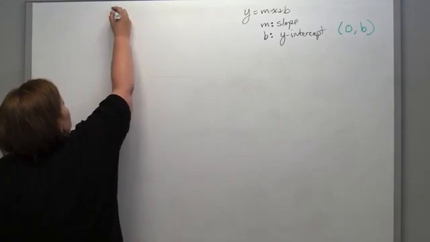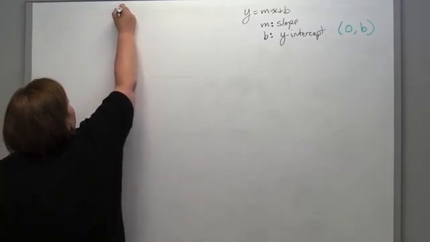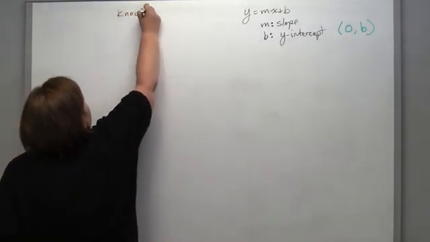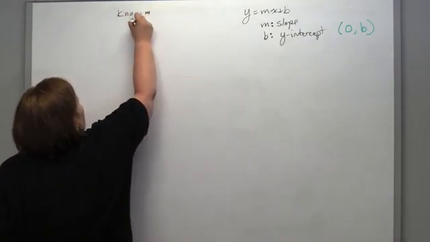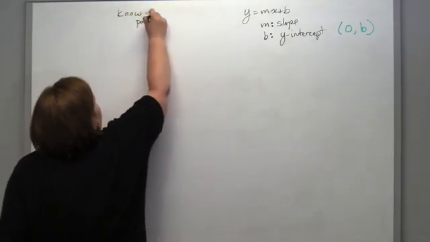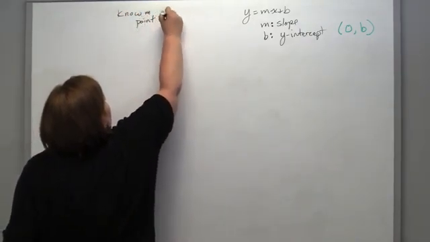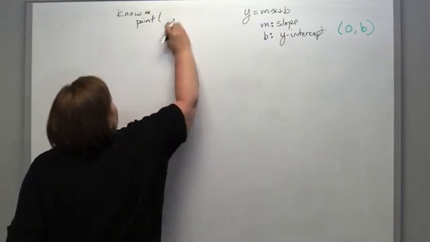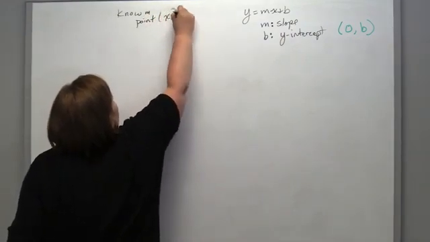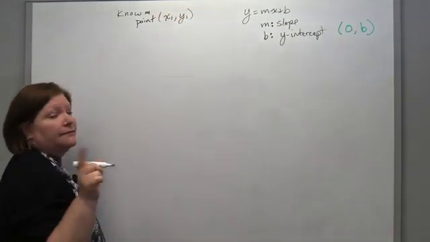And so if we're given the point, we know m, and we know a point, I'll call it x1 comma y1 on the line.